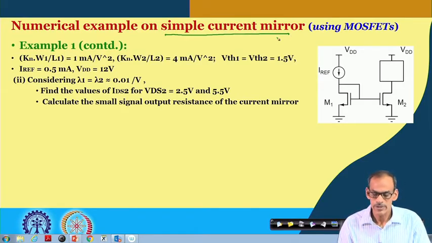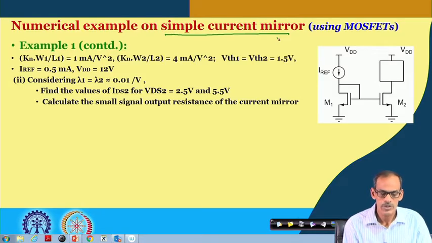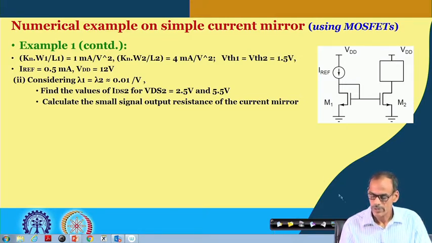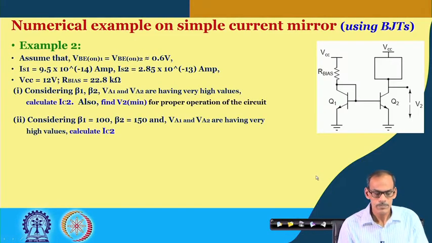In the next slide we will be going for a simple current mirror constructed by BJTs, and it will have a similar kind of exercise, but of course, the corresponding parameters of the BJTs are different. So, let us see in the next example how we calculate for a current mirror circuit constructed by BJT.